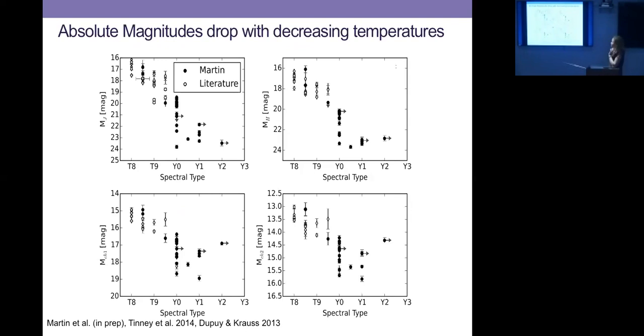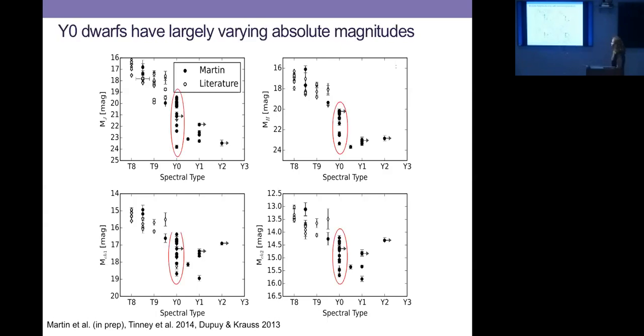But now we can see that, first off, as you would expect, absolute magnitude decreases as your temperature gets colder. That's good, physics works. But there's a pretty big question about what on earth is going on with these Y dwarfs and why they have such widely varying absolute magnitudes.